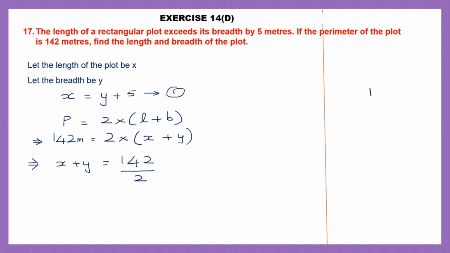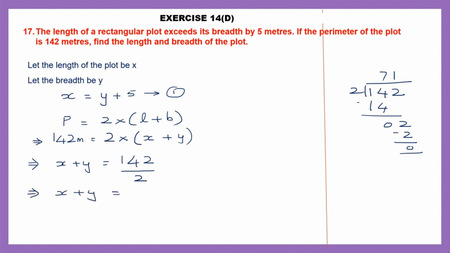Let's do that division. 142 divided by 2: 2 sevens are 14, minus 14, 2 ones are 2. So we've got 71. That means x plus y is equal to 71. This is our second equation.